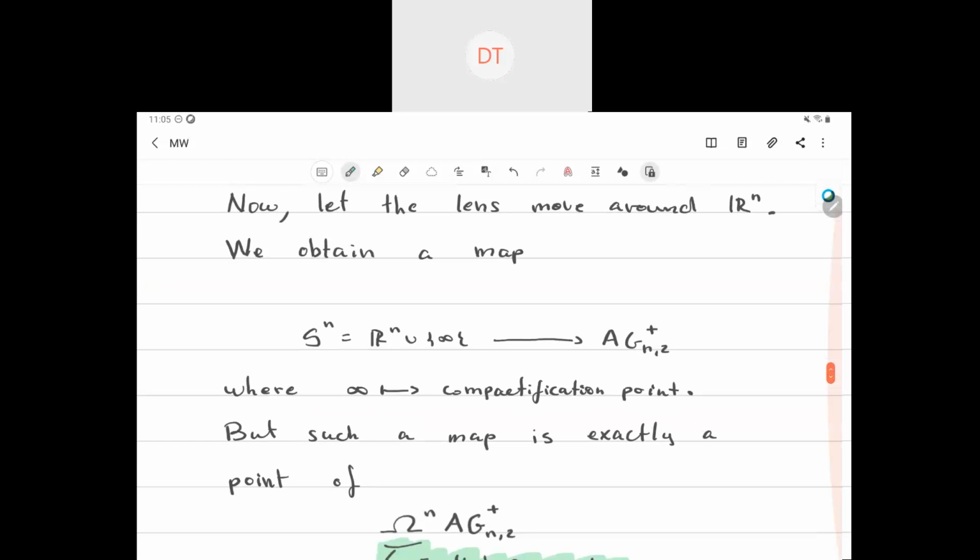All right, so now letting the lens move around Rn, what we get is a map from Rn union infinity, which we think of as an Sn, to this affine Grassmannian with that extra point that stands for the empty configuration, or AG+.